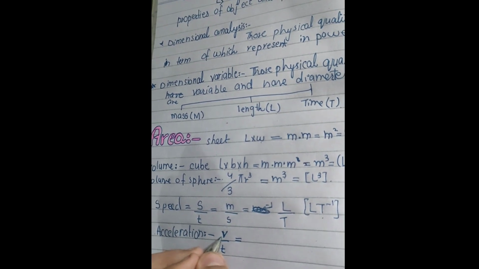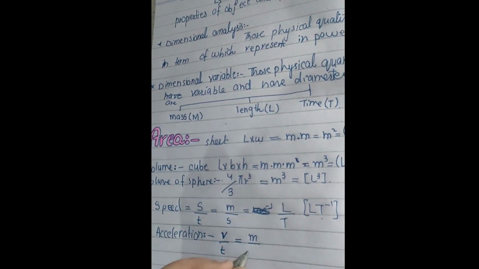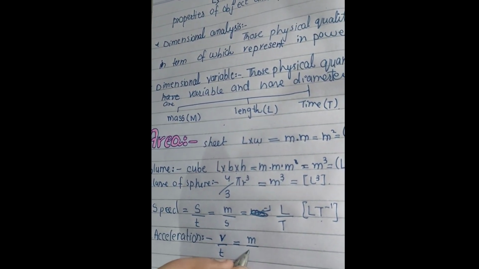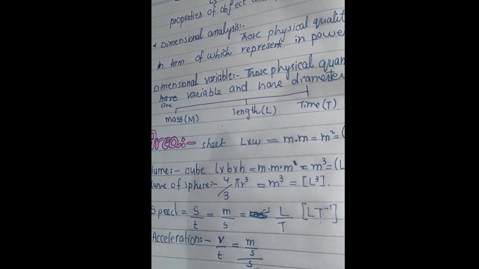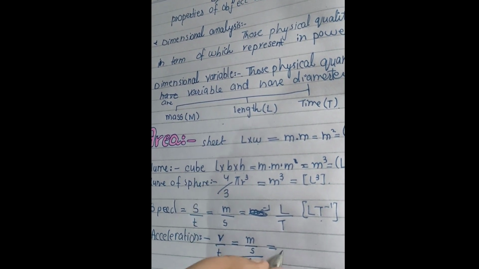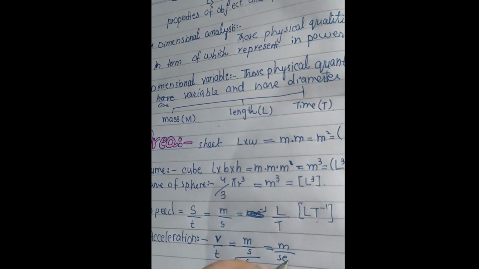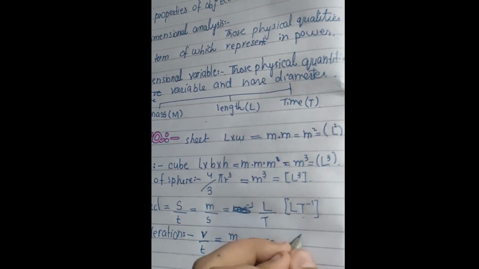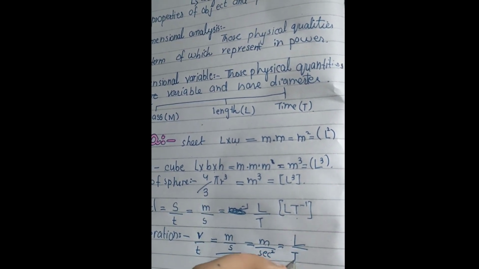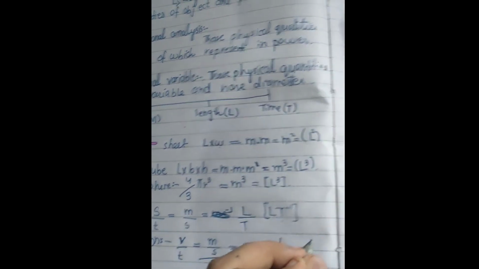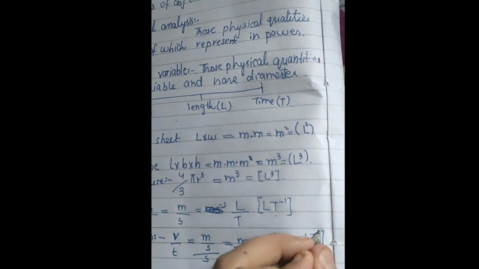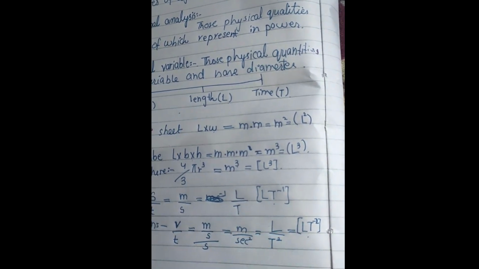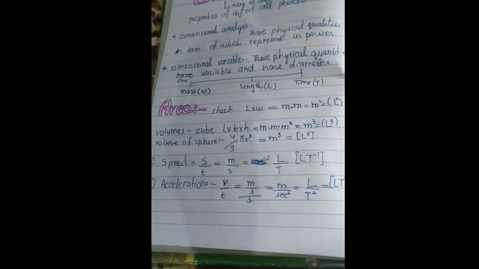For the velocity we have meter per second, then for the time we have second, so meter per second square. For the meter we have length, and for the time we have T square, so it is equal to LT^-2. Hopefully you are getting this.